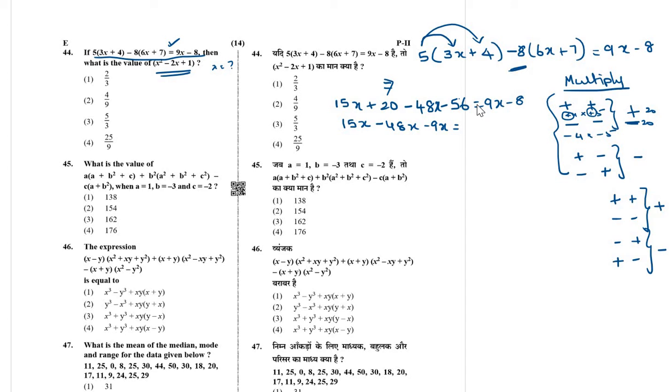So this is minus 15x, so it will be plus 15x. So plus 20, minus 20 minus 8. So here 15x. Same sign you have to add. Different sign you have to subtract. Same sign, I am adding, means 15x, 48 plus 9, 57.